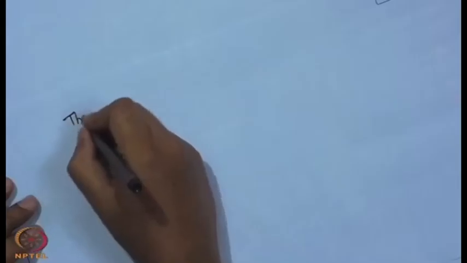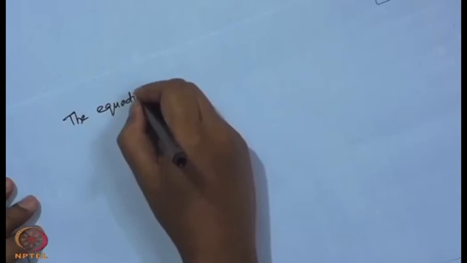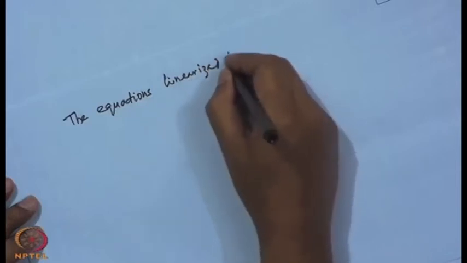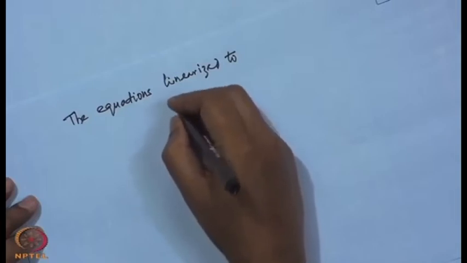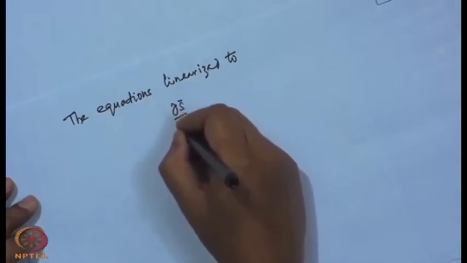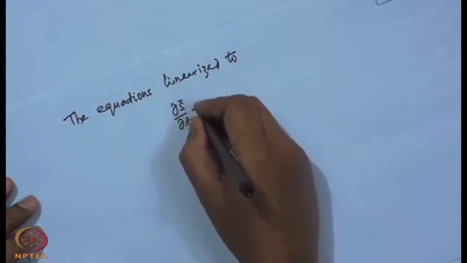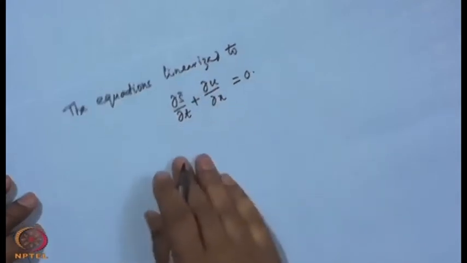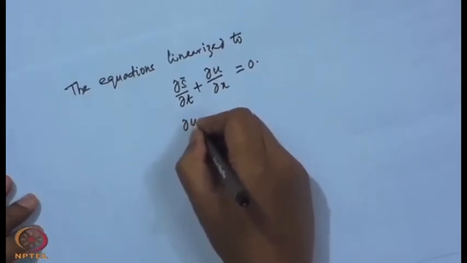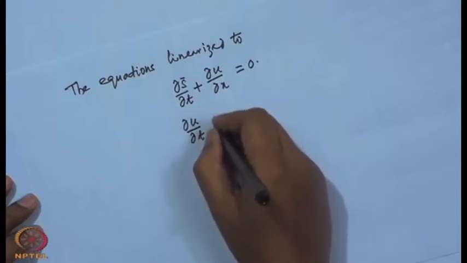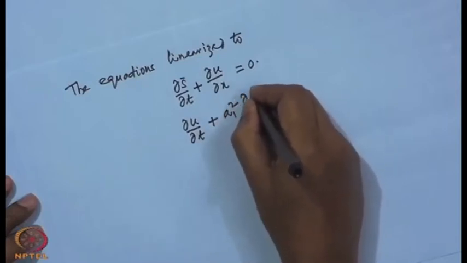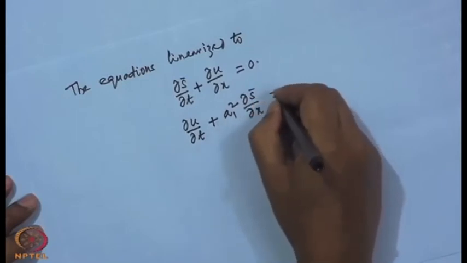So, the equations now linearized to the first term, d s dt, and the momentum equation become these equations.